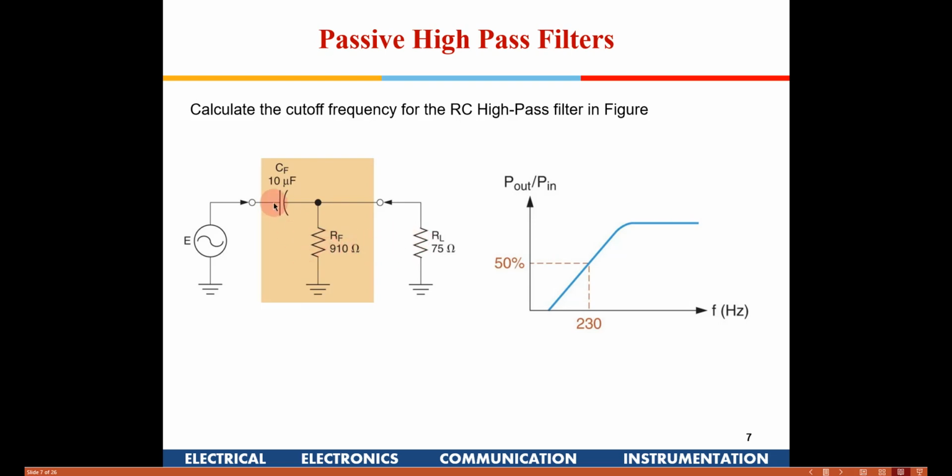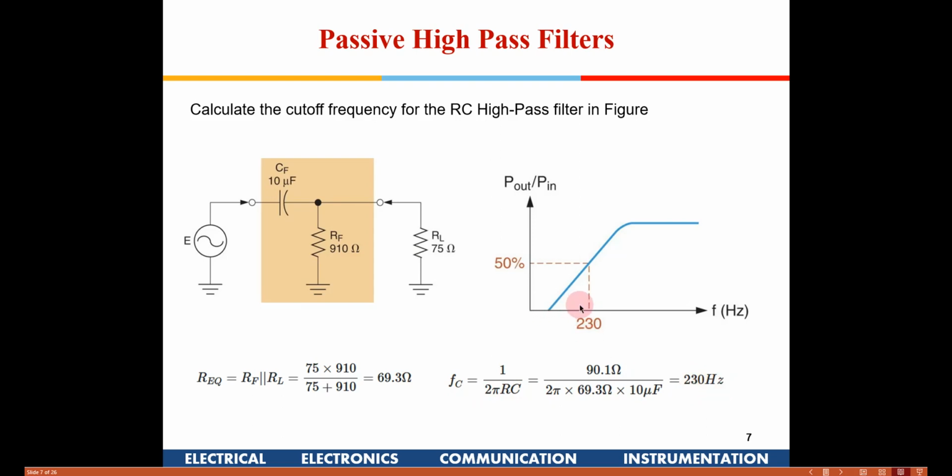Because this is also going to affect the circuit out here, we have to first find out what is the R equivalent. So we take a parallel of these two, which you will get as 69.3 ohms, and then the cutoff frequency will be given by 1 by 2 pi RC, which will get 230 hertz.